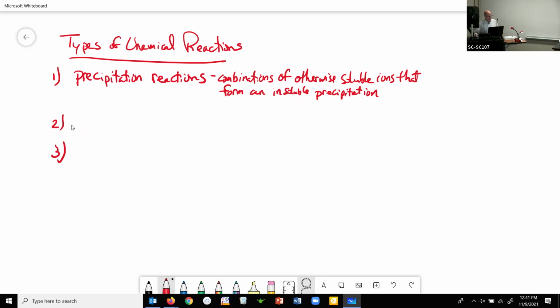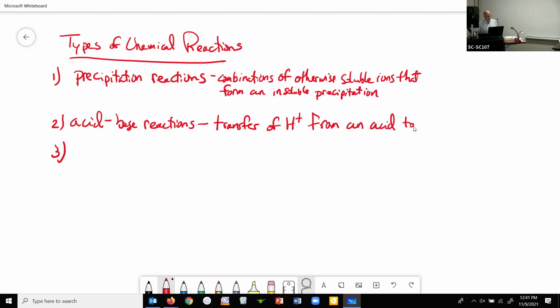However, the other two, acid-base reactions, these involve the transfer of hydrogen ions from an acid to a base.